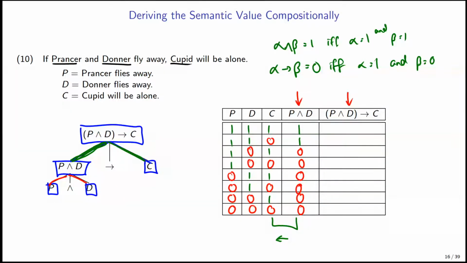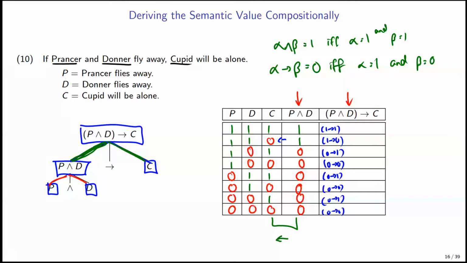So for P and D arrow C, on the left side, I'm going to write out what the values are. I have 1 arrow 1. In the second row, I have 1 arrow 0 because I have P and D going to 0. In the third row, I have 0 arrow 1. Fourth is 0 arrow 0. And then for the rest of these, I'm just going to get 0 arrow 1, 0 arrow 0, 0 arrow 1, and 0 arrow 0.